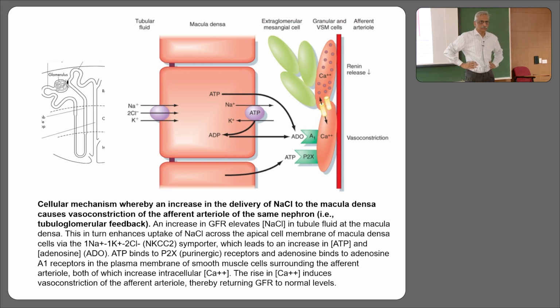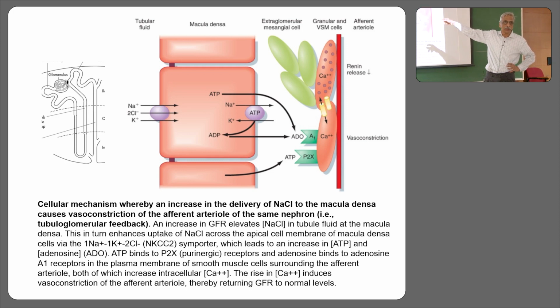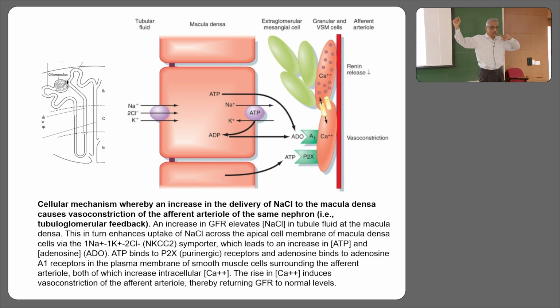You would have increased blood flow rate at higher pressure. Higher pressure. So from 60, you might have gone to 80. Now by this mechanism, you have been able to bring it back from 80 to 60. Makes sense? If you had not done that, just imagine what would have happened. Anything else?